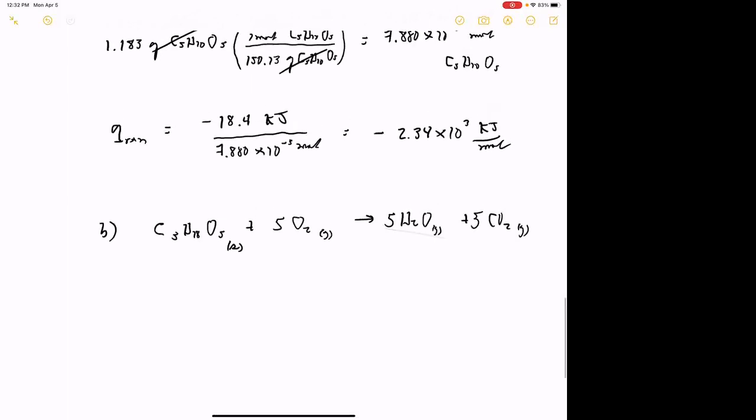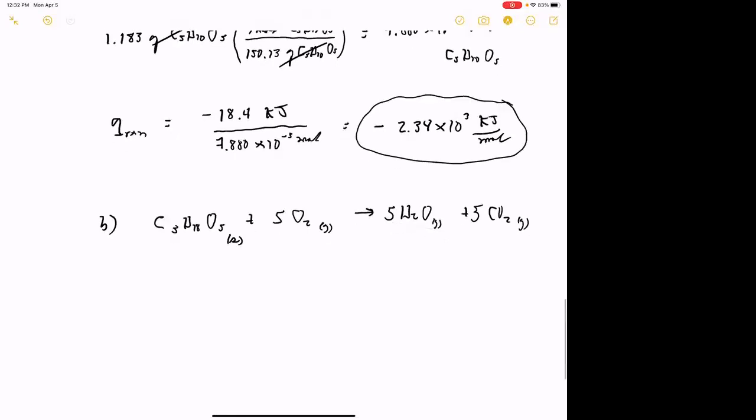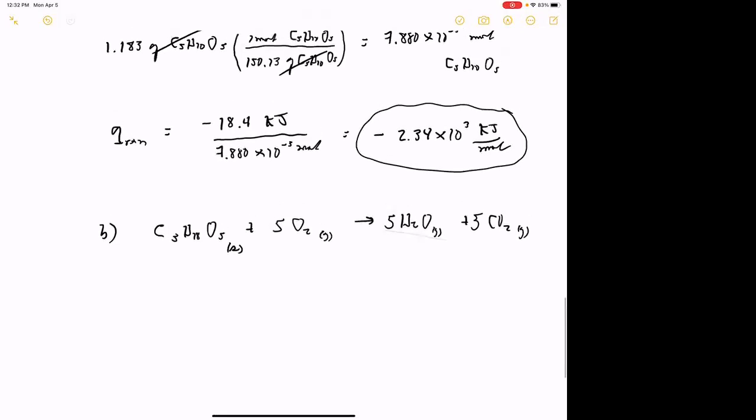All right, so now, how would I actually express my Q of reaction here that I just circled up here? Well, the way we do it is we reference it back to the actual hydrocarbon here.